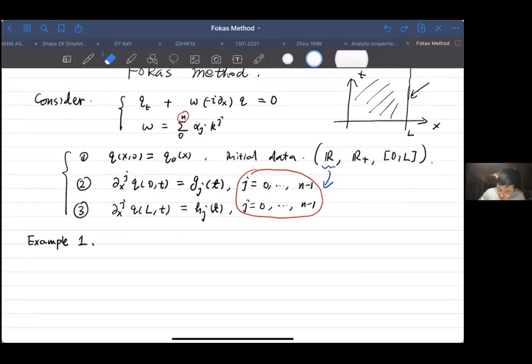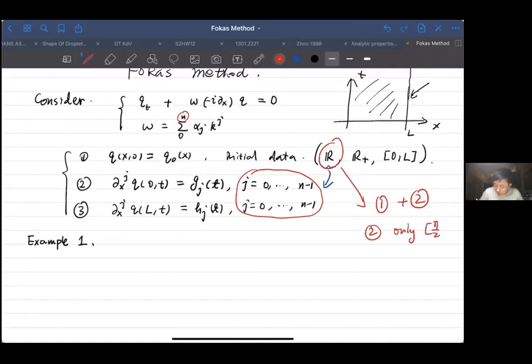For the whole real line, you only need one condition. For the case with two, you only need n over 2 conditions. So here you have n conditions, but you only need half of them to get a well-posed problem. And if you have more boundaries, then in total you need n.